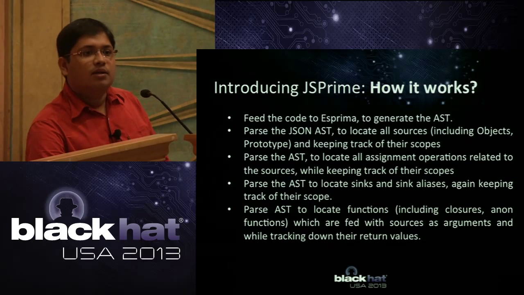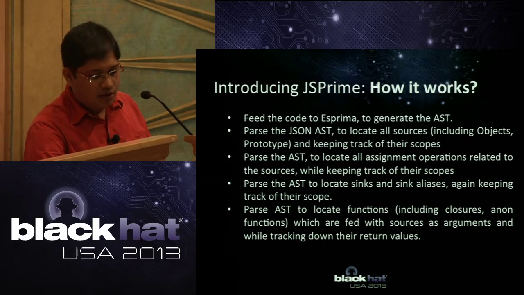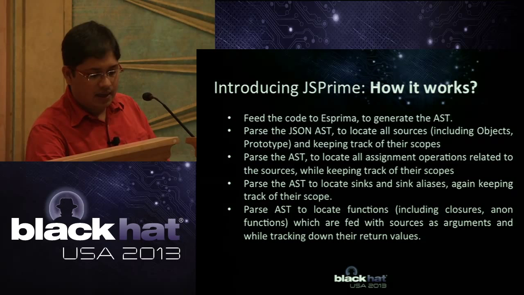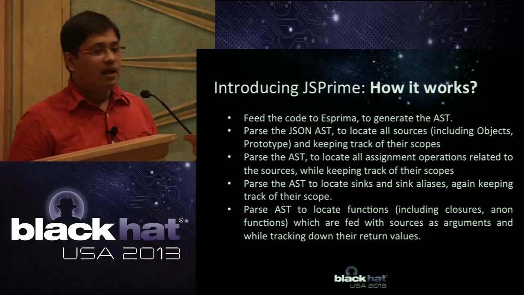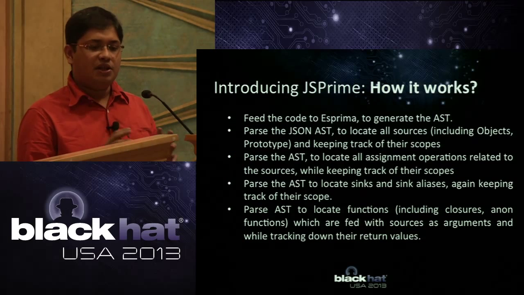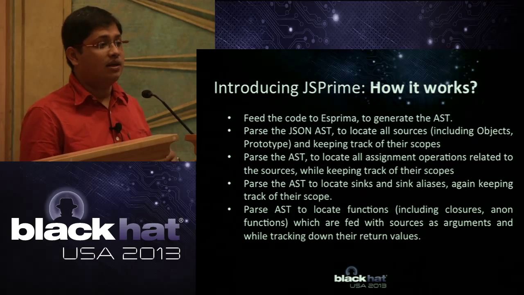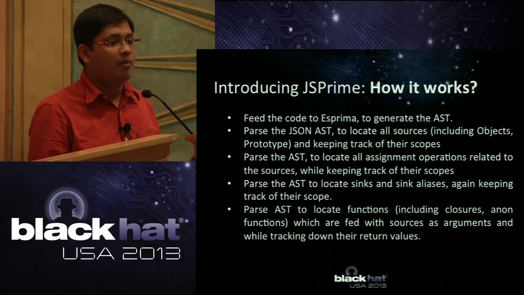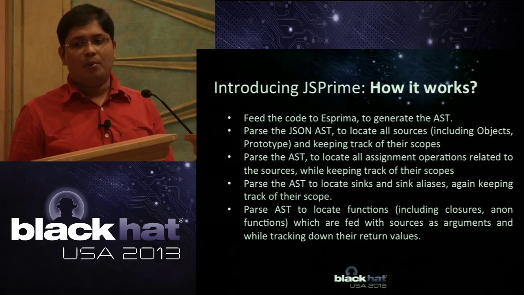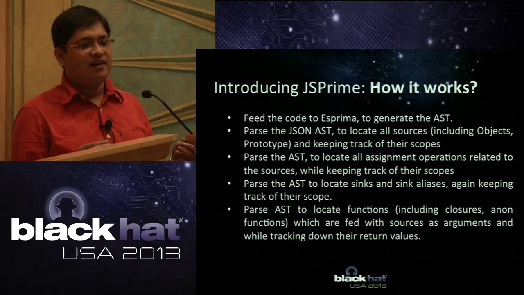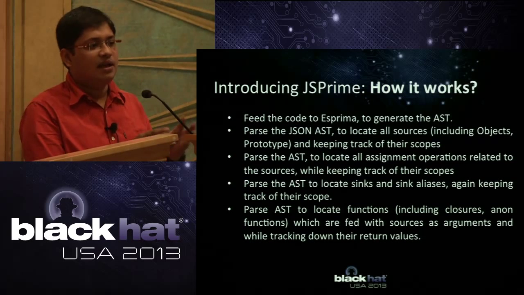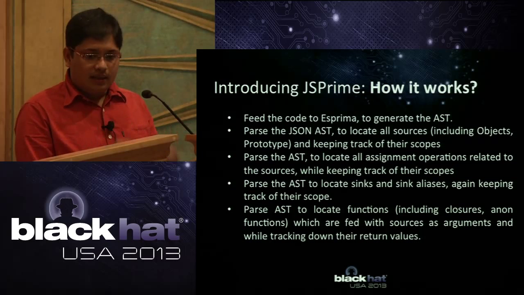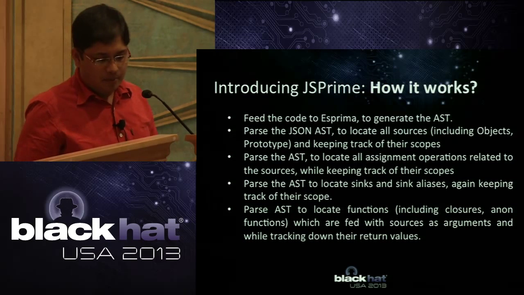We then parse the AST again to locate all sinks and sink aliases. Now when I say sink, sinks are those functions or assignments which make code execution possible. For example, one of the most common sinks is eval. If you pass anything to eval, and that is user controllable, that can cause code execution.